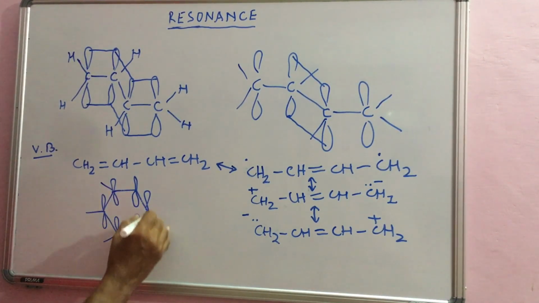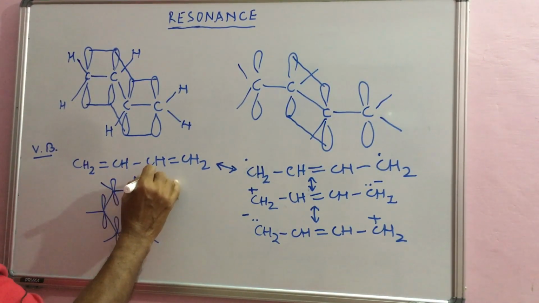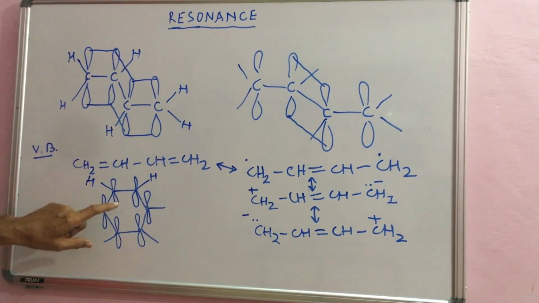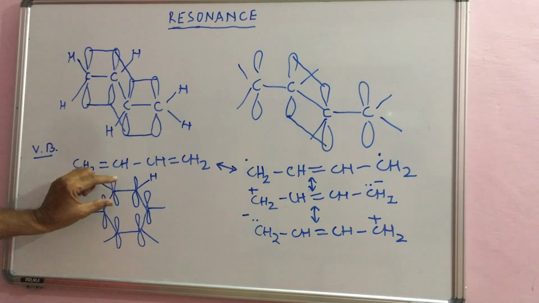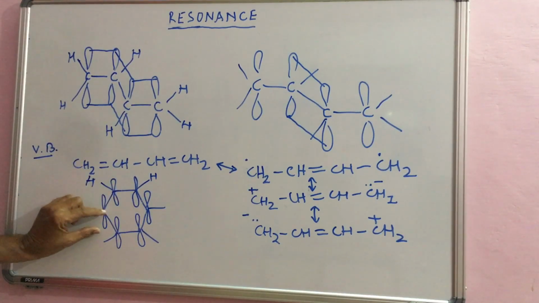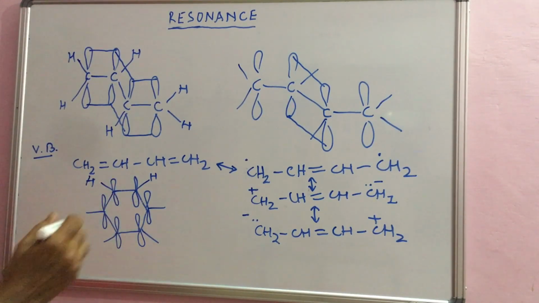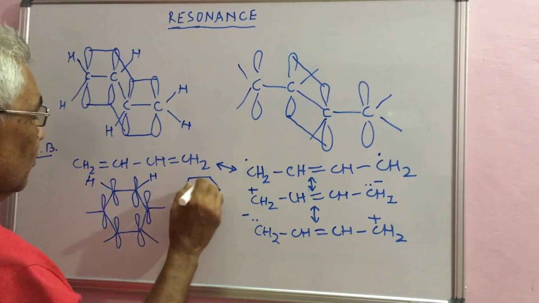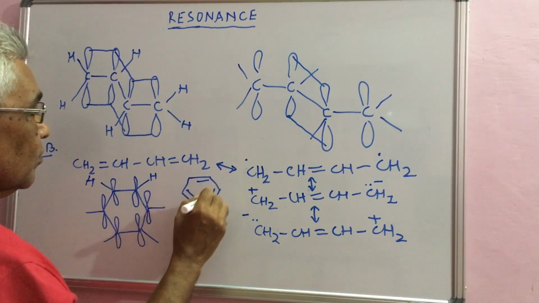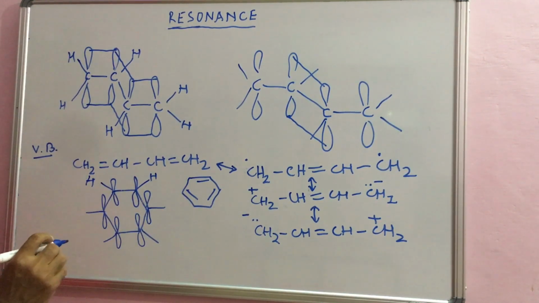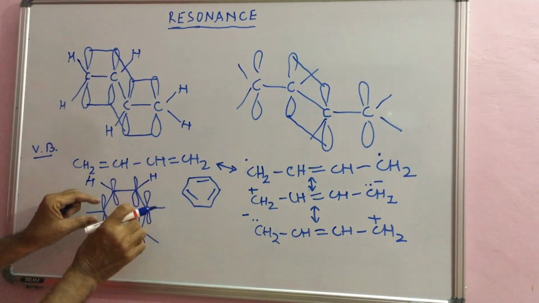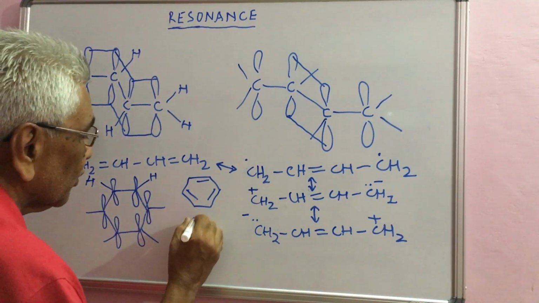These are hydrogen atoms. One possibility is that these two can overlap, these two and these two, forming this valence bond structure. Another possibility is that these two can overlap, these two can overlap, and these two can overlap.